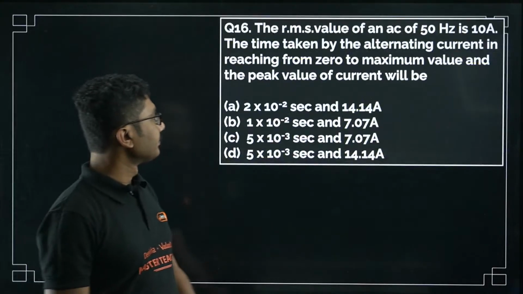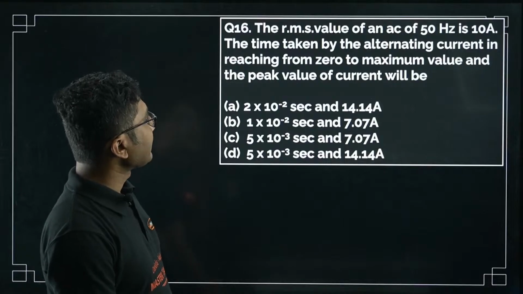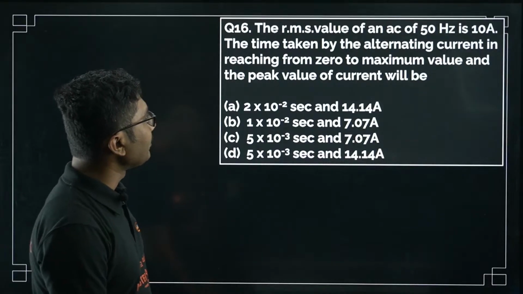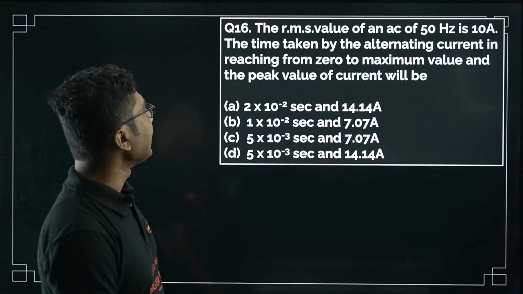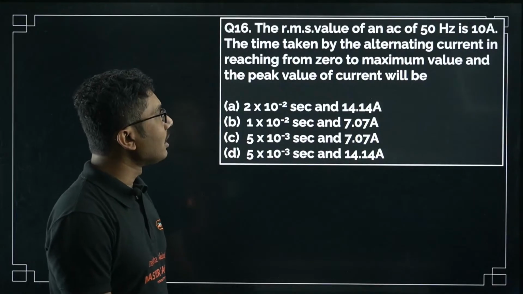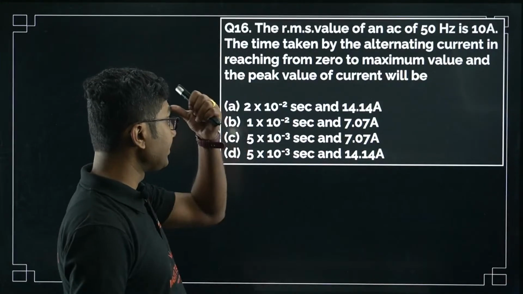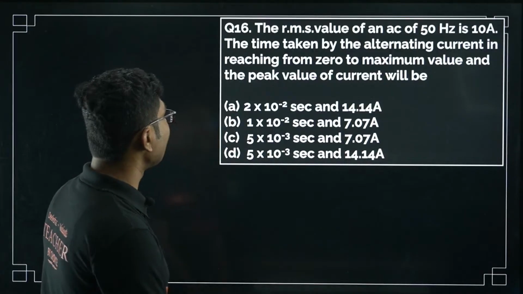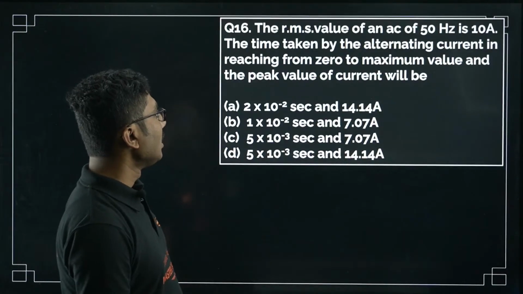Next question. The RMS value of an AC of 50 hertz is 10 ampere. The time taken by the alternating current in reaching from 0 to maximum value and the peak value of the current will be.